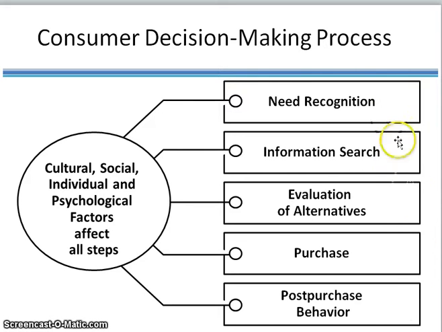And then influencing this process are these different factors that can affect all 5 steps. It's important to remember that it's a linear model, which means step 1 leads to 2, 3, 4, and 5, and that it's also sequentially arranged, which means that the process begins with step 1, then that leads on to step 2, and so forth.